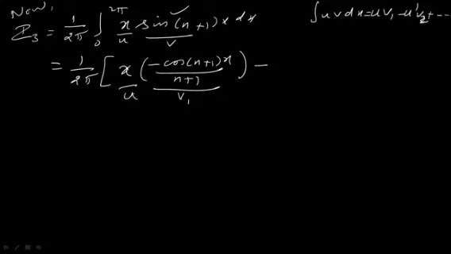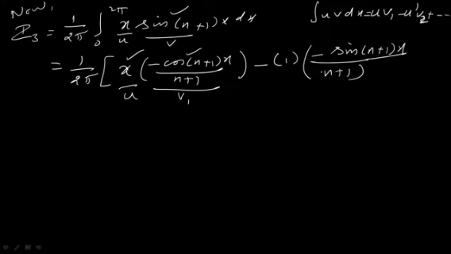So next u dash is nothing but you differentiate this x, that is 1, and v2, integrating v1, you take n plus 1 as a constant, so that is in the denominator. While integrating cos n plus 1 x, you get sine n plus 1 x divided by n plus 1, already you have n plus 1 in the denominator, so you have n plus 1 the whole square, with the limit from 0 to 2 pi.